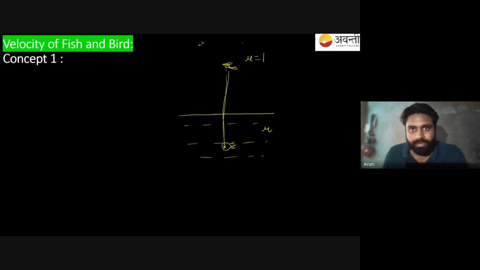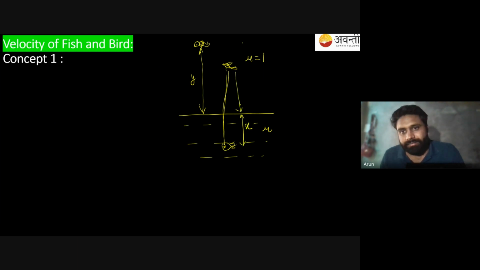So the bird will appear somewhere here to the fish. So this is the apparent position. Let me say the fish's distance from the water surface is x, and the bird's actual distance from the water surface is y.